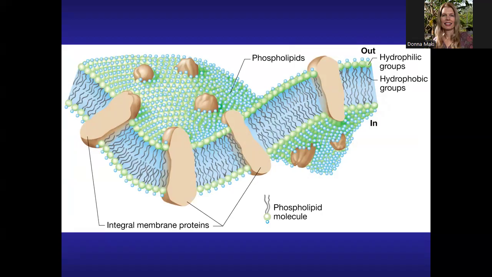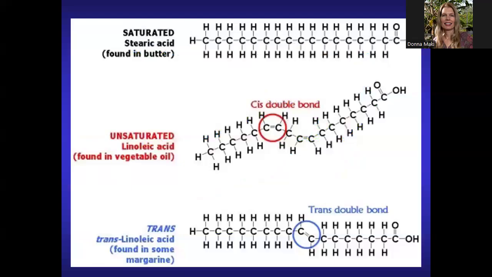So if you put pressure on them, or colder and colder temps where things start to gel up, it's harder for the membrane to gel if there are a lot of double bonds because all the tails are kinked and bent. And so it keeps them more fluid.